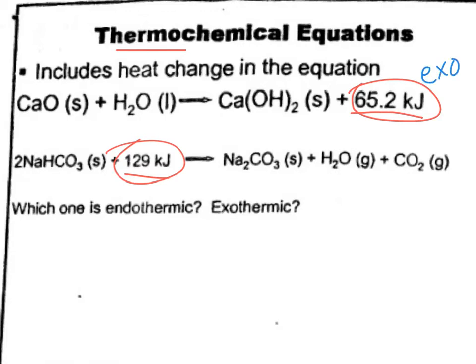That one is an example of an exothermic reaction. You see the heat being released, so it would be on the product side if it represents an exothermic process. Therefore, this one over here represents an endothermic process. If the heat is on the reactant side, that tells you that heat is being absorbed in order for that reaction to take place. Therefore, it is an endothermic process.